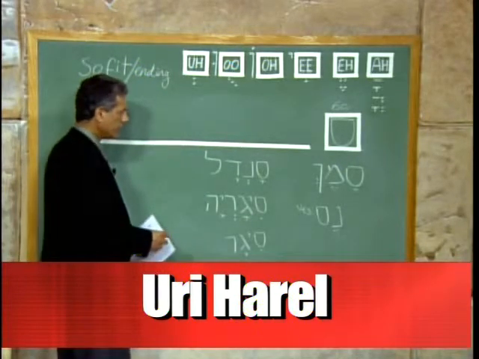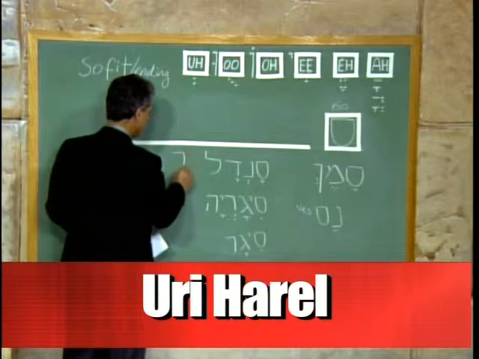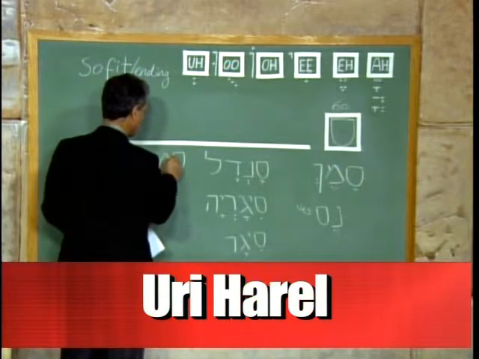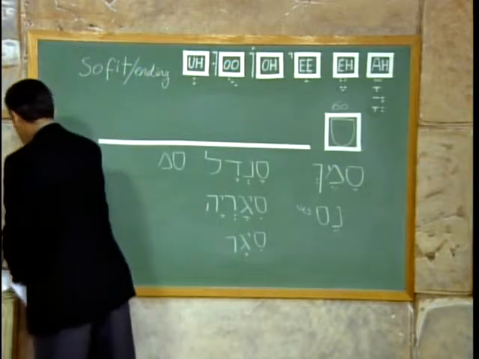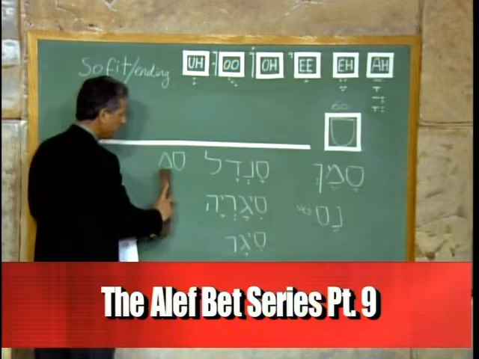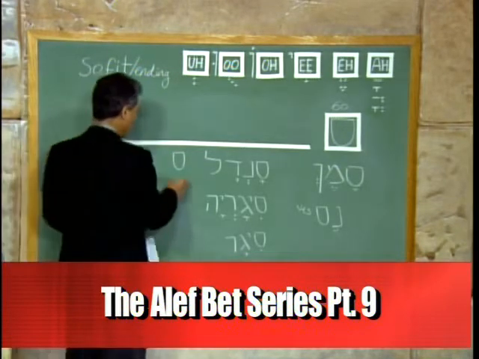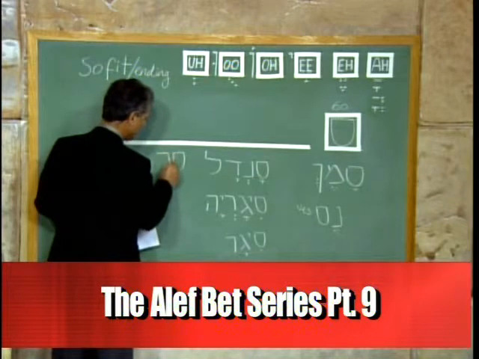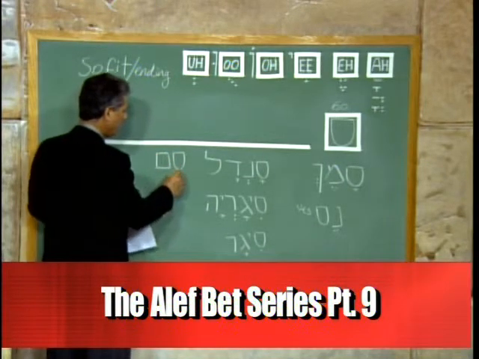Another short word that we can use is this one. How about samech, mem? That mem is going to be mem sofit, an ending mem, because it's the end of the word. And put an A sound here.